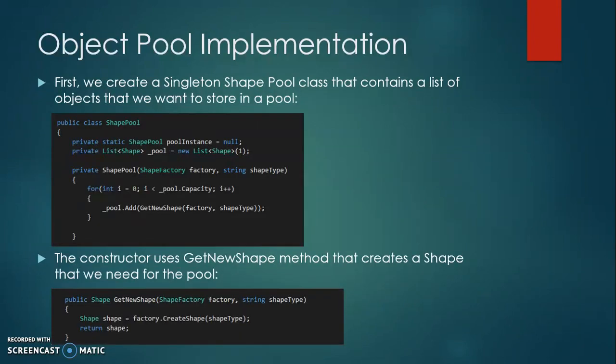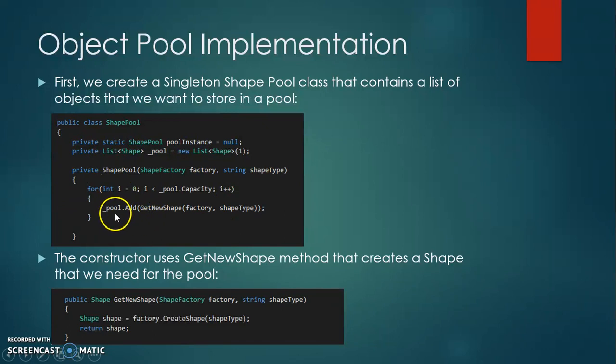First of all, we create a Singleton shape pool class that contains a list of objects that we want to store in a pool. We only want one shape pool in our program, so that's why it's a Singleton class. Here we have our shape pool class with a list of shapes, and we can specify, for example, a capacity of one shape, just for now, in the beginning, as a private constructor.